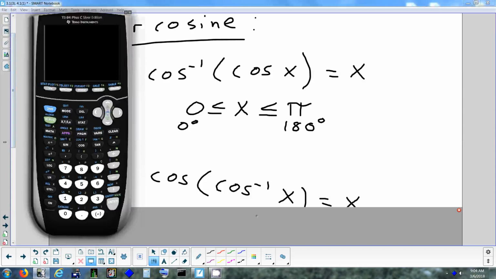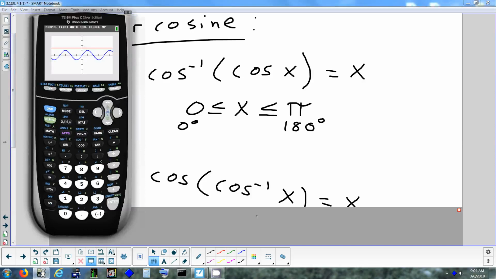Okay. Let's look at the graph of cosine again. Okay, I'm just going to graph it with everything else I already have. What's the highest and lowest that it looks like cosine goes? 1 and -1. So it's exactly the same as sine.